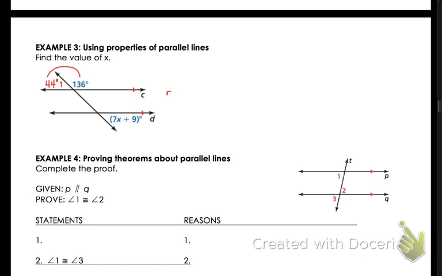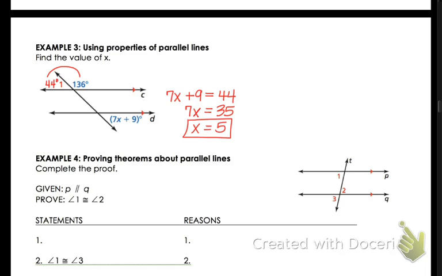So now we know that 7x plus 9, since those are alternate exterior, has to equal 44 degrees. So we subtract 9 from both sides, and then we divide by 7, and we get that x is equal to 5, which is what they asked us for, so we are done.